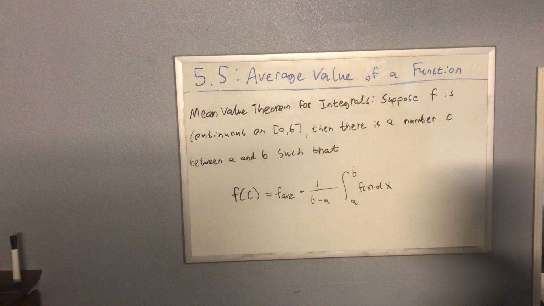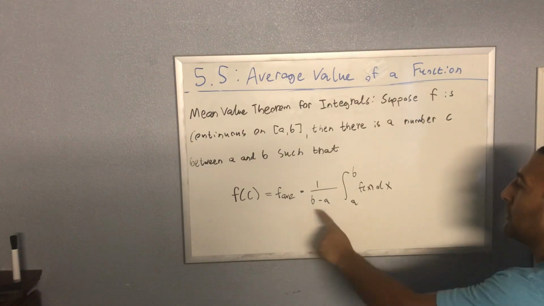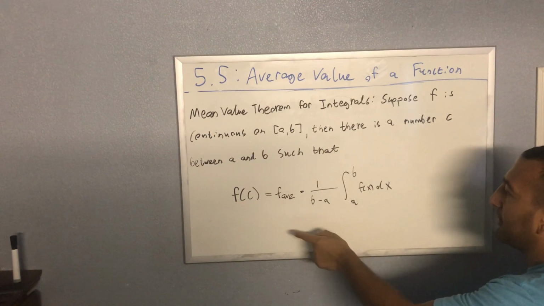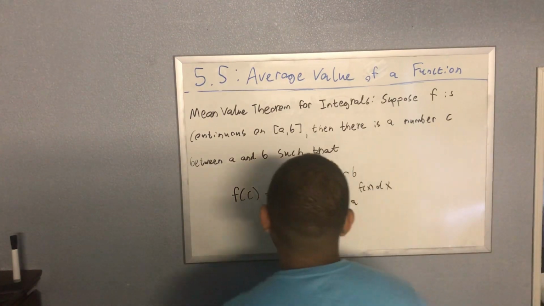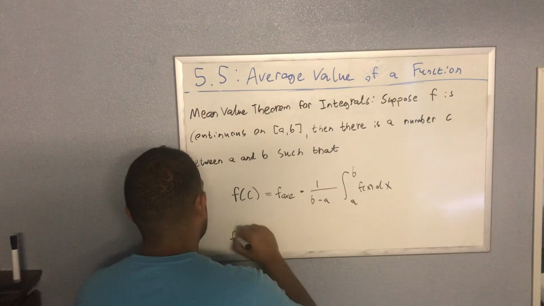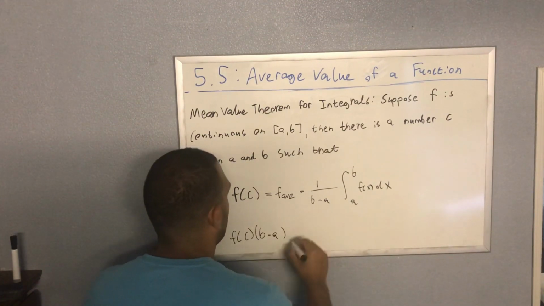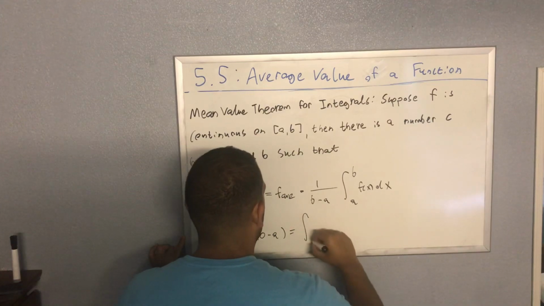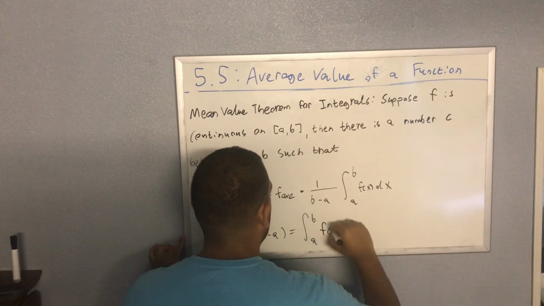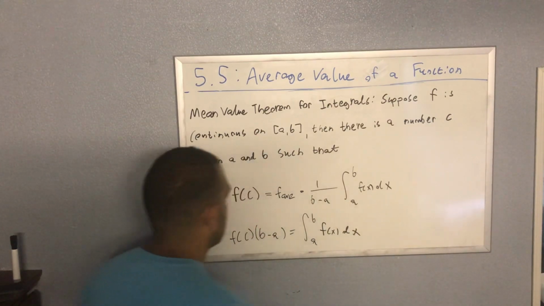Or equivalently, if you multiply both sides by b minus a, this means that f of c times b minus a, this whole quantity, equals that. Which is kind of more interesting.